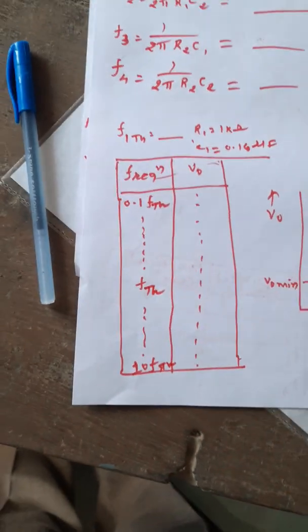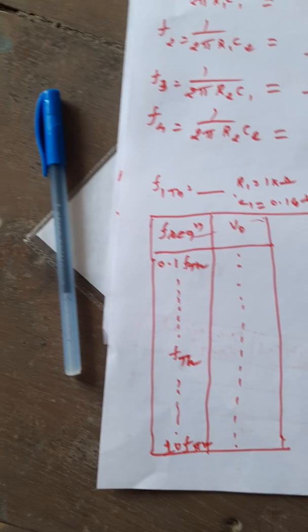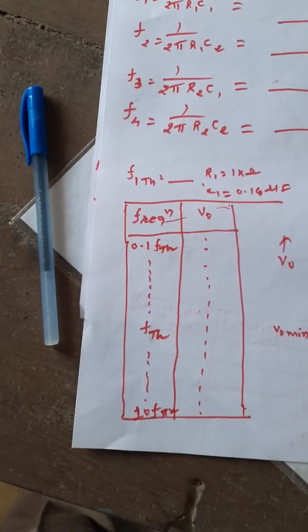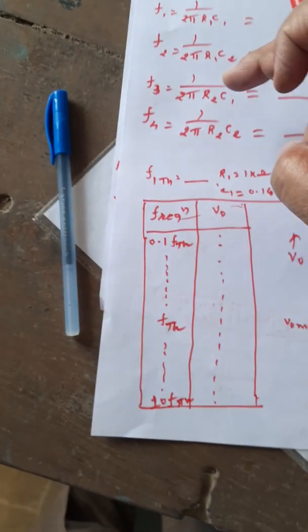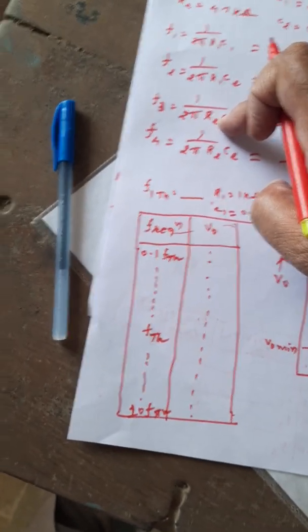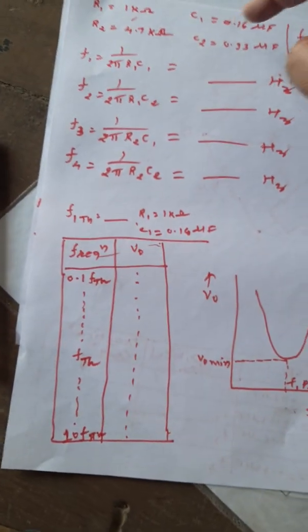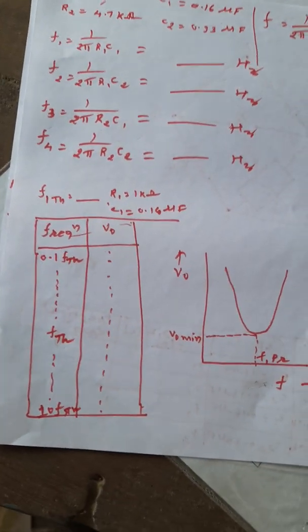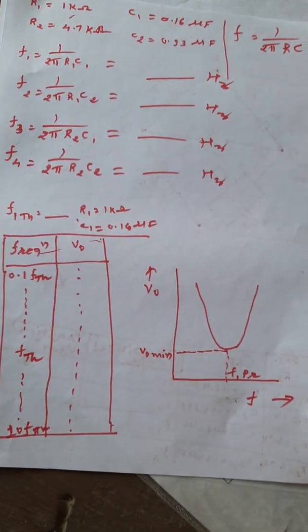It means that we are going to vary the frequency between 10 times less than FTH and 10 times greater than FTH. FTH is 200 in our case when we are selecting the resistor R2 4.7 kilo ohm and capacitor 0.16 microfarad. So the theoretical frequency will come out nearly equal to 200 hertz.